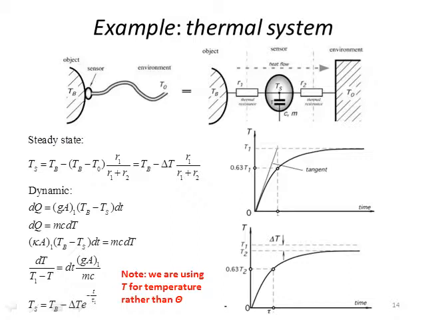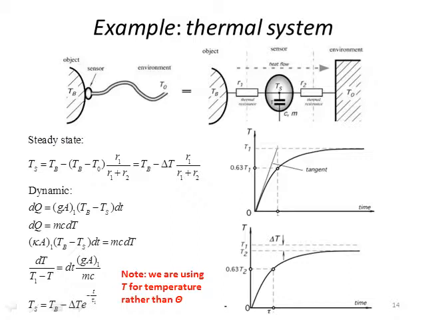In this example, we have a picture on the top, and then the picture on the left. We want to use a sensor to measure the object temperature TB. This is a contact type of sensor, so we put the sensor physically in contact with the object, and then the sensor is connected thermally to the outside environment, the ambient or room temperature, T0.